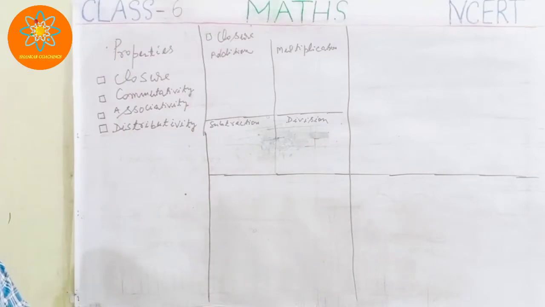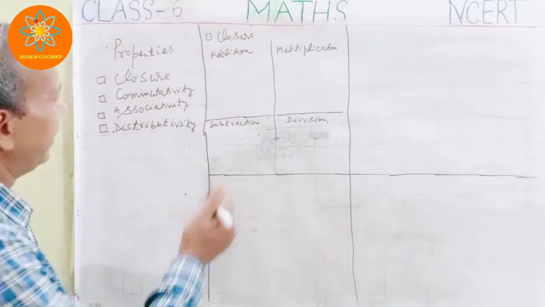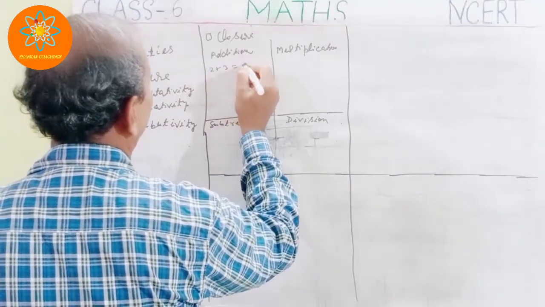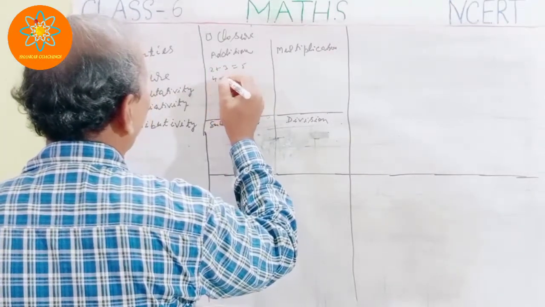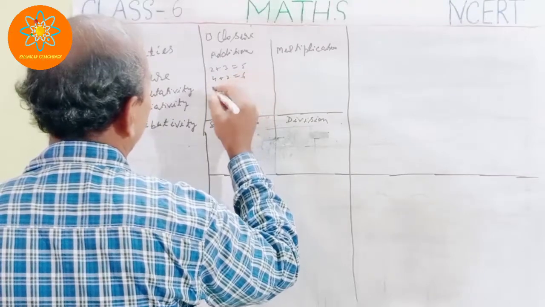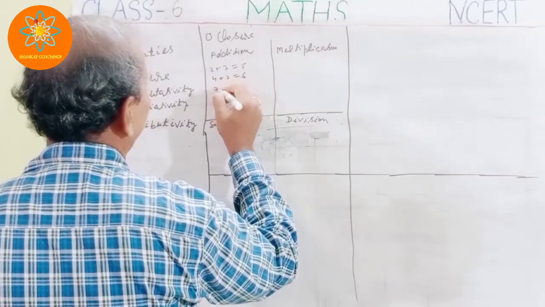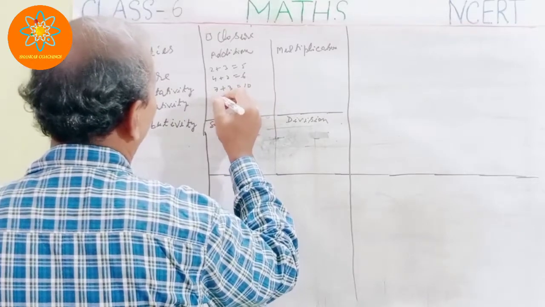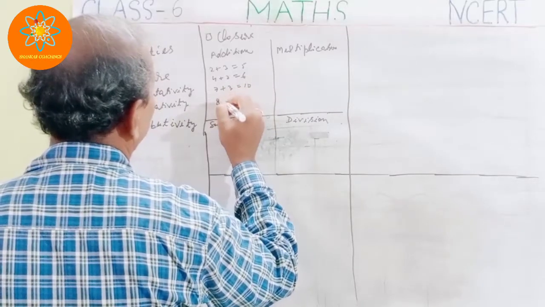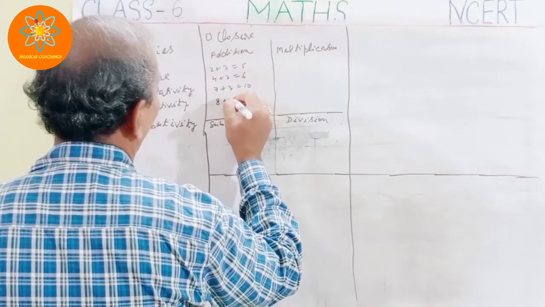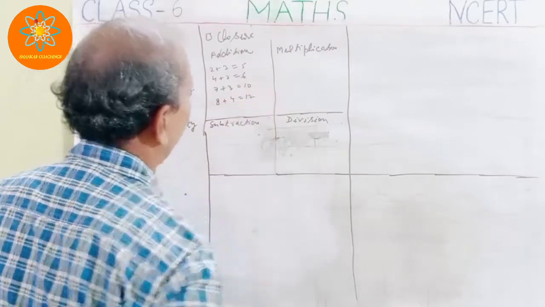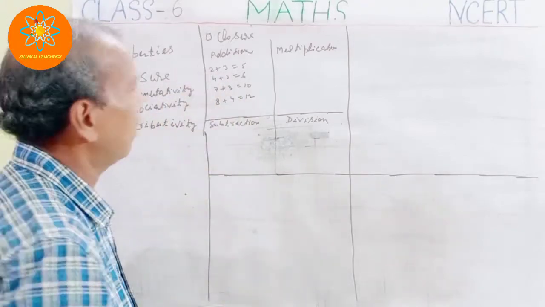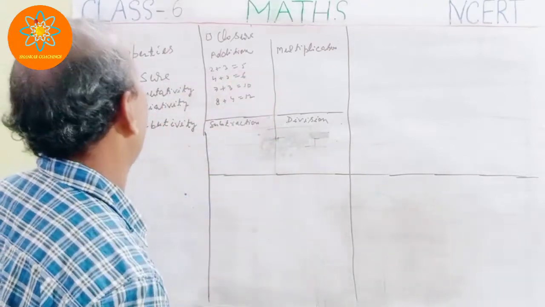Closure property means if I am adding 2 plus 3, this is equal to 5, or 4 plus 2 is equal to 6, or 7 plus 3 is equal to 10, or say 8 plus 4 is 12. So 2 is a whole number, 3 is a whole number, and 5 is a whole number.